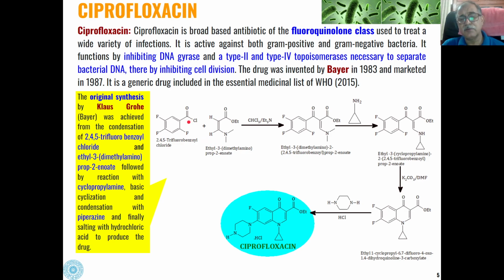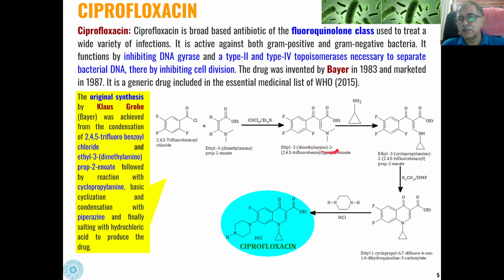This will react with this acidic proton with elimination of HCl from here, and we will get this type of ketoester enamine. Then this will react with cyclopropylamine.